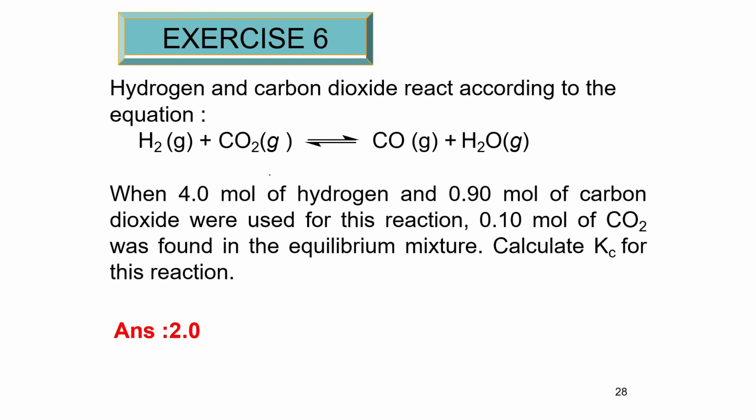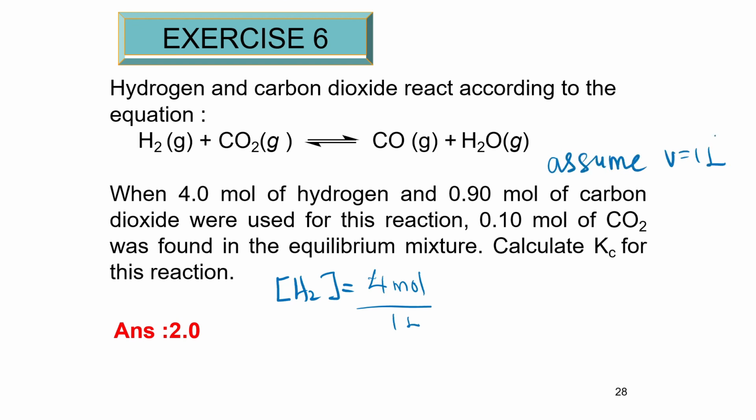Then if we want to find concentration, so concentration of hydrogen, given is 4 mole. So 4 mole over 1 liter. What we did just now, I explain: we assume we have V equal to 1 liter, 1 liter volume of the gas.